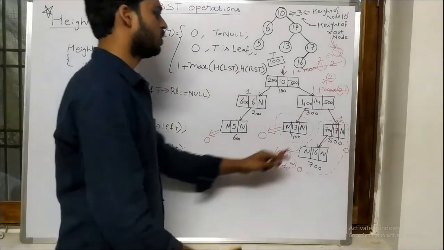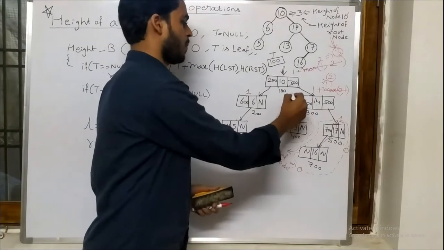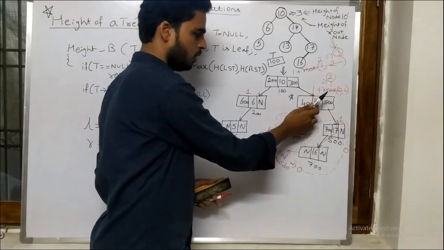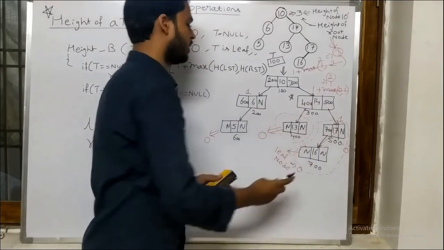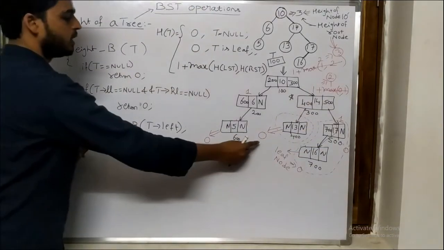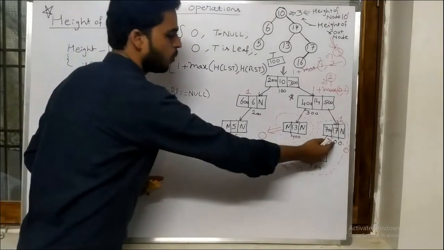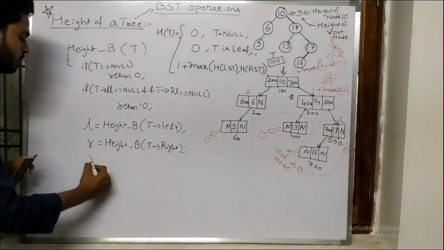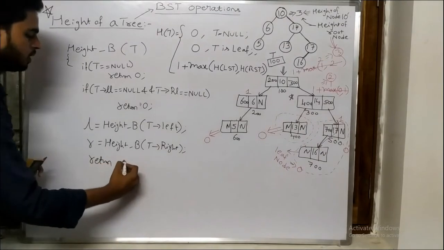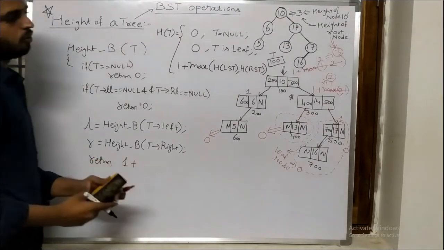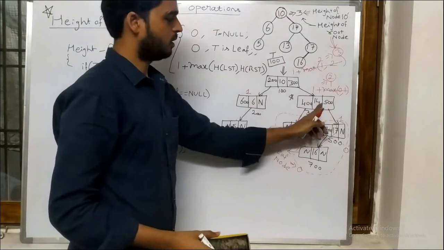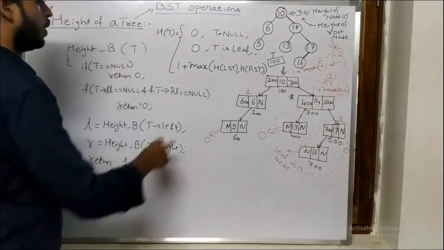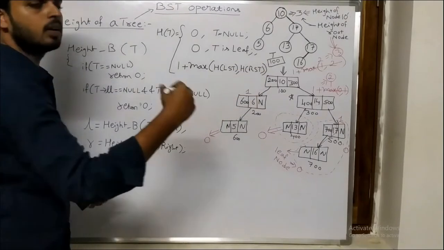See here, with respect to this node you can easily understand. If I want to calculate the height of the node, I need the height of the left subtree and the height of the right subtree. So in L it is going to get 0, in R it is going to get 1. Then we are going to return 1 plus, because whenever you calculate the height of a node, you compulsorily add 1 plus the max of the height of the left subtree and the height of the right subtree.